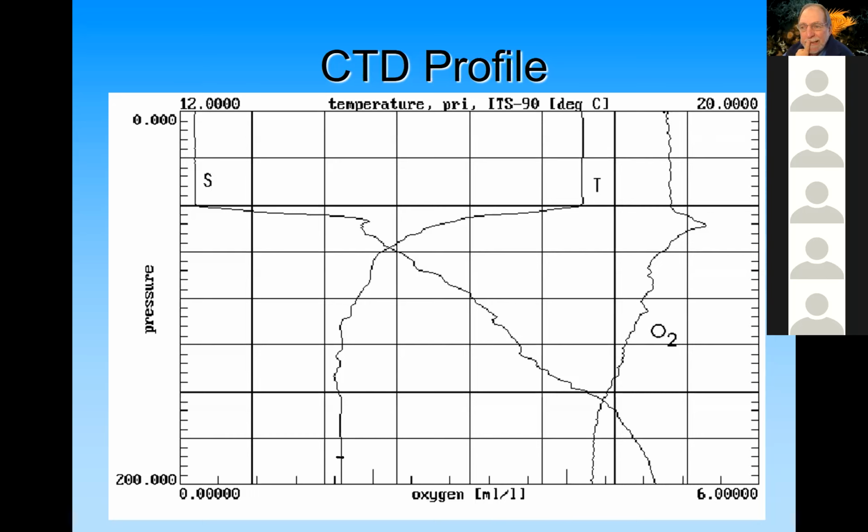So what's going on here? What's happening? Well, of course, what we have to keep in mind is that the water column is stratified according to density. And the principal things that are determining density are the amount of dissolved solids, salinity, and the temperature. Of course, right? We talked about that. So as you increase the salinity, the density increases.